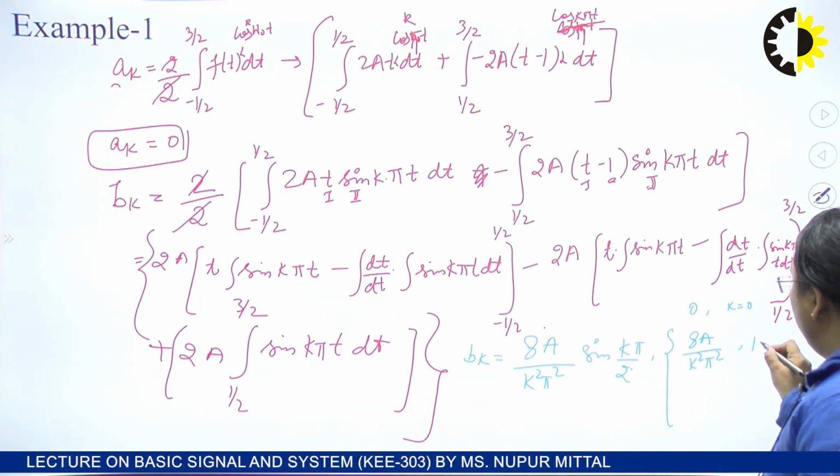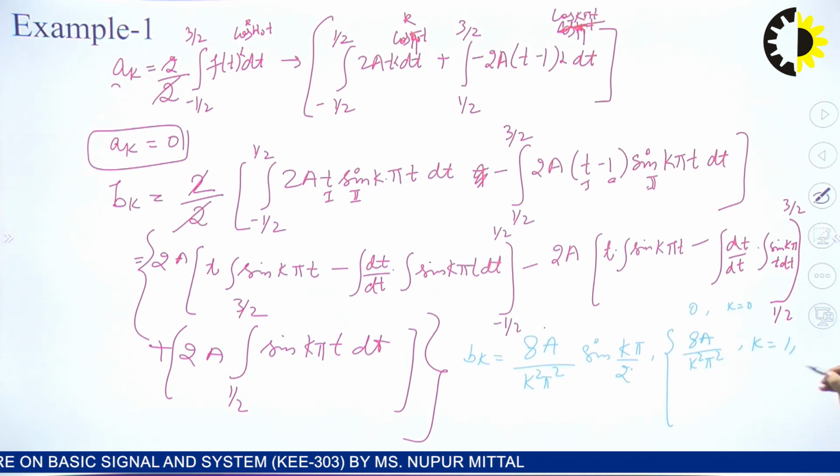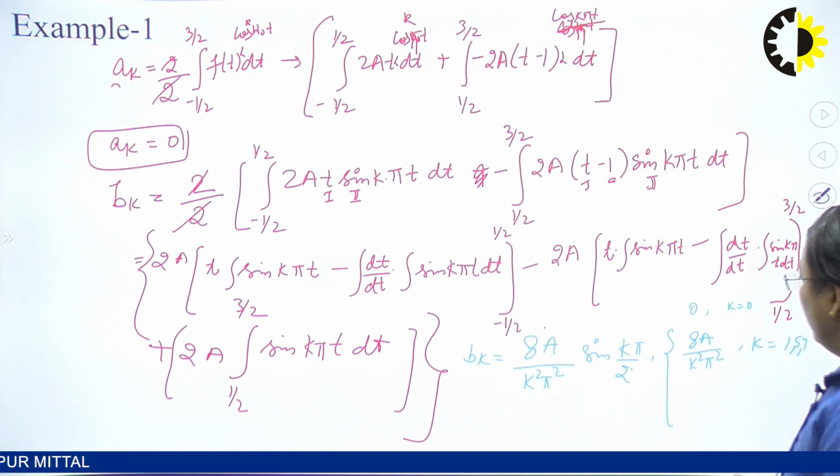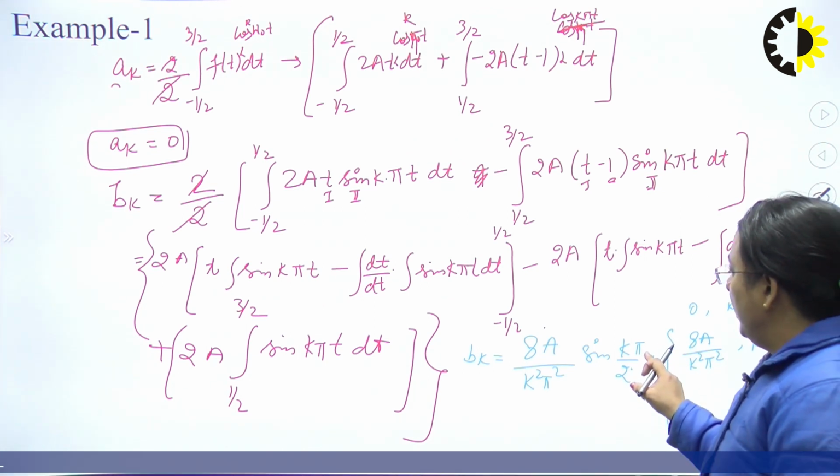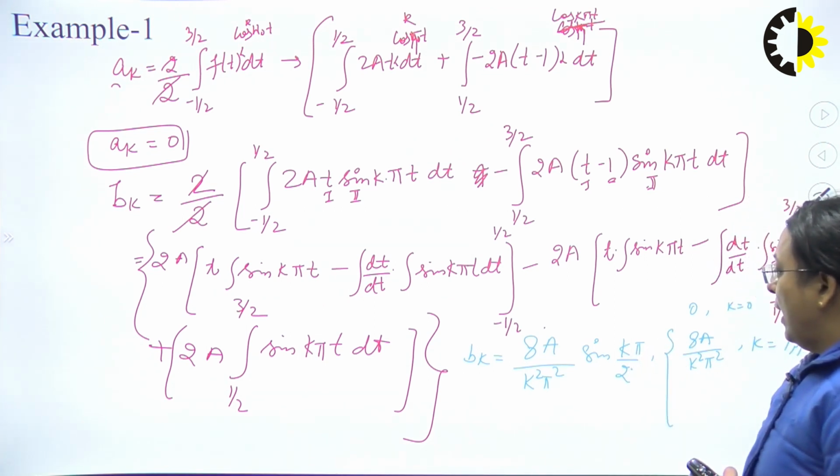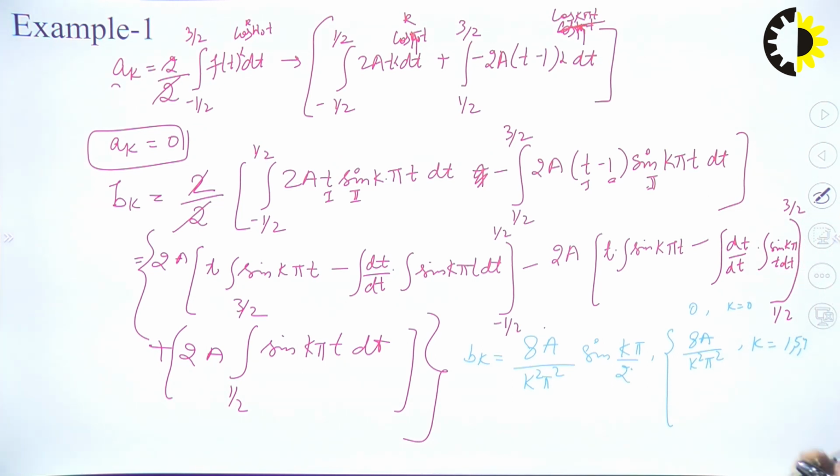So I can write it at 1, then it will come at 5, leave 5 7, 9. For these odd terms I am getting the value of this. If I am putting the value of k as 2, for even terms it is coming out to be 0.